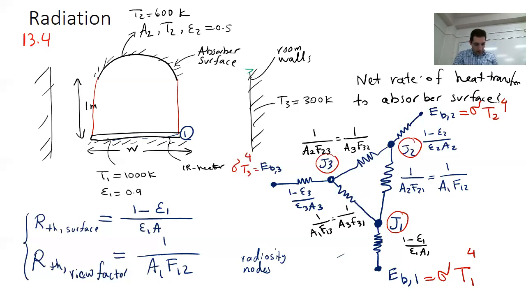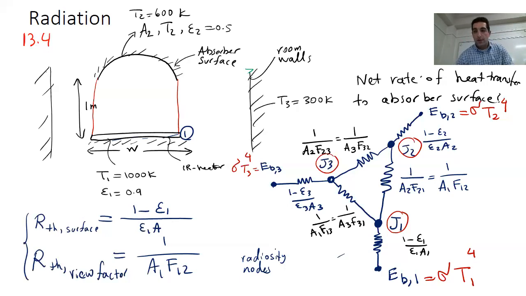Now, there's a typical assumption that the surrounding room is large and therefore behaves as a black body. So you'll use this assumption a lot. A typical surface, we know it's not a black body, but the surrounding, if you have an enclosure and everything else is really large compared to this case, we can treat it as a black body.